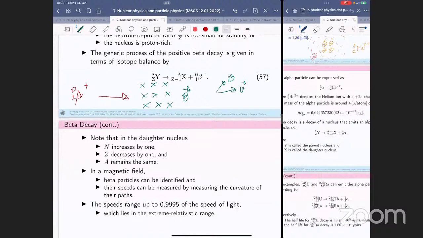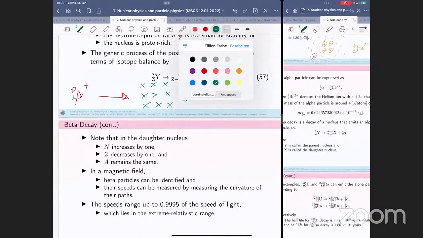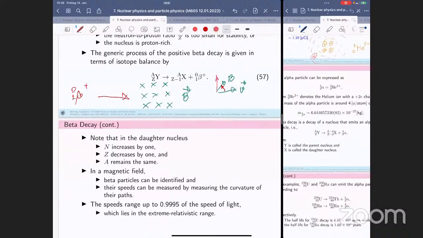You curl your forefinger, and you will get the force in this direction. And you know that F is Q V cross B.